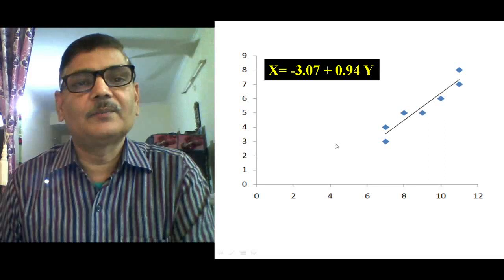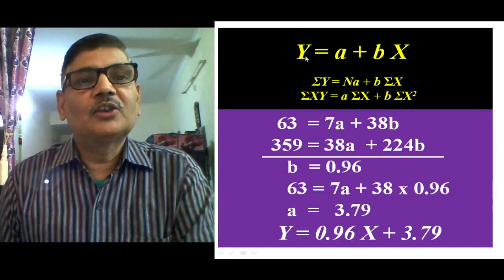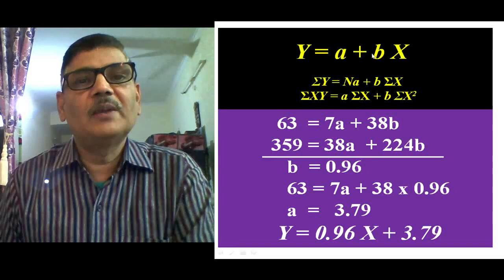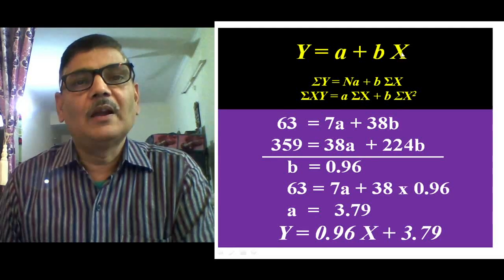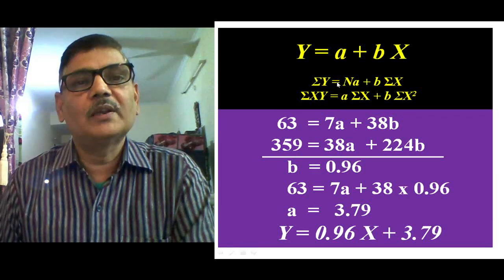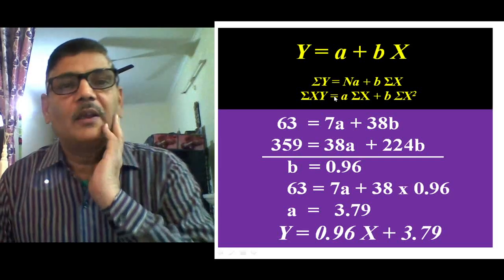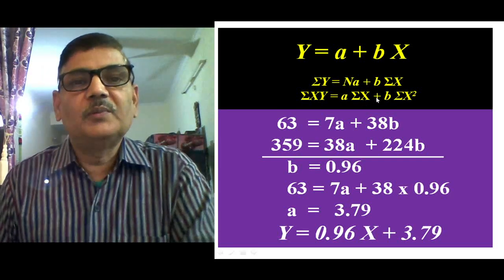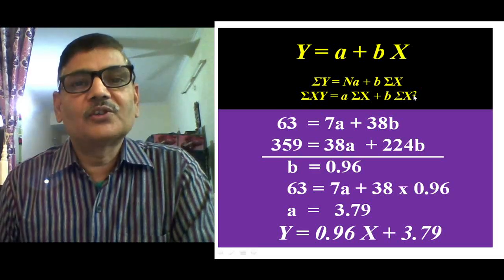The other equation which we need to derive is y is equal to a plus bx. For this, two additional equations will be used, that is sum of y is equal to na plus b sum of x, and the other one is sum of xy is equal to a into sum of x plus b into sum of x square.